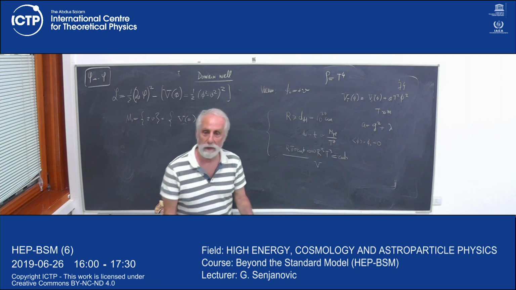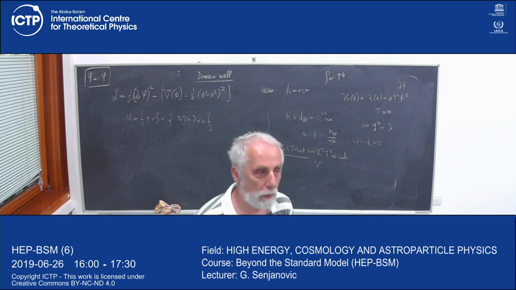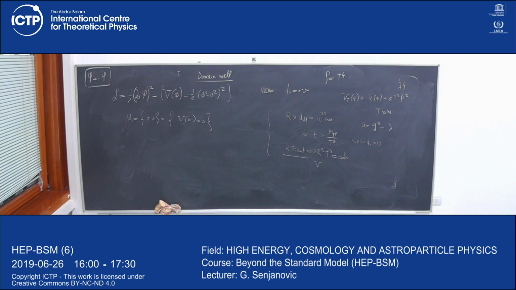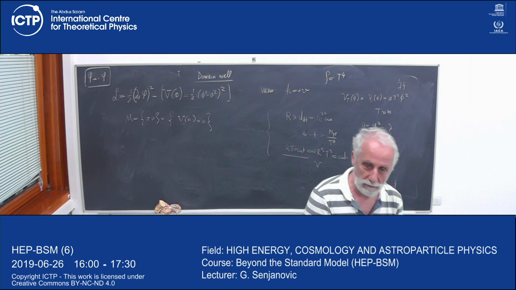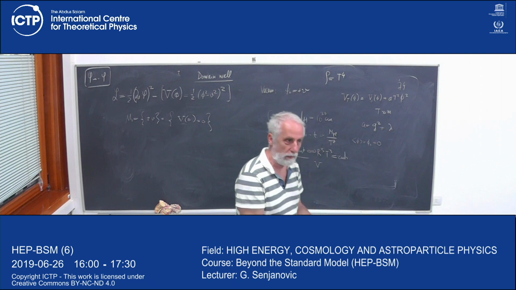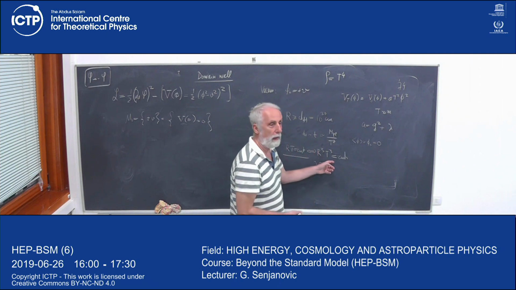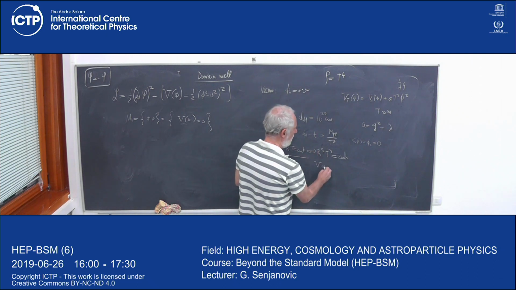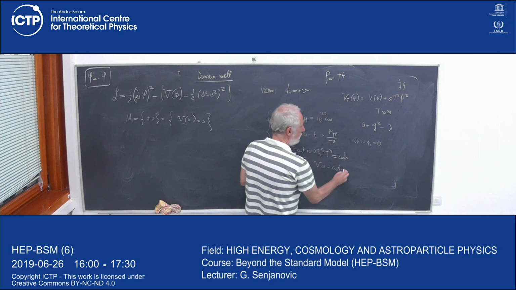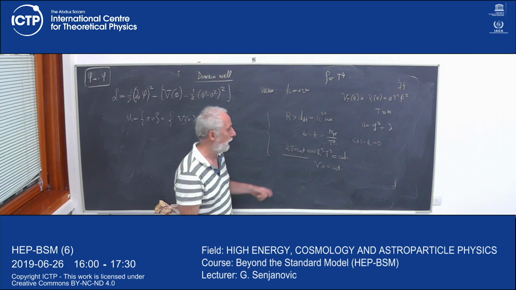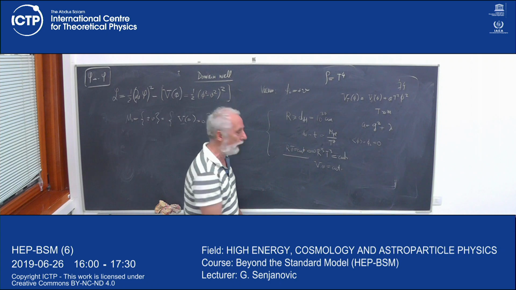Remember, the density of particles at high temperature is given by T cubed. When I go to the early universe, the temperature is bigger than the masses of the particles, so the density goes as T cubed, right?